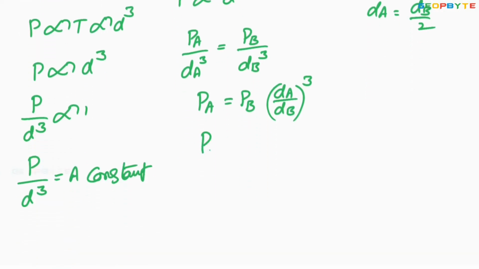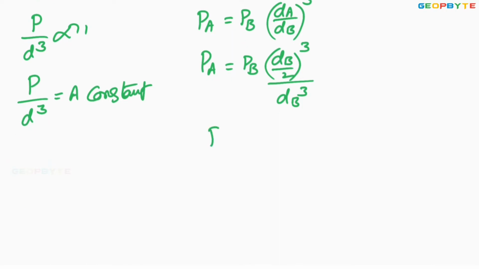Then power transmitted by A equals PB times (dA by dB by 2) whole cube divided by dB cube.